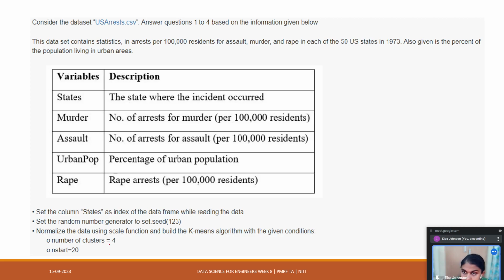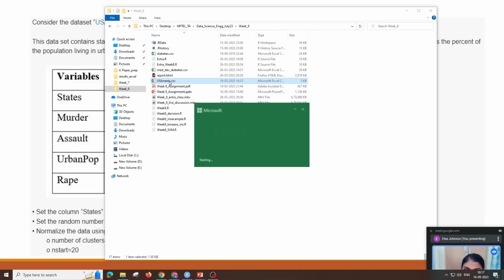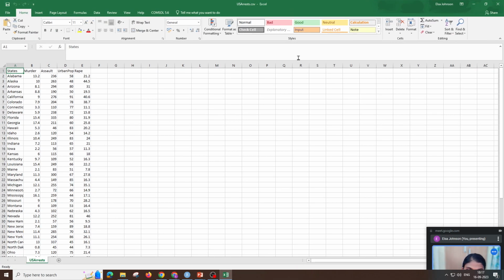This is the data which is given. This is the particular data set that we are looking at. The states are given, so it is a categorical column.